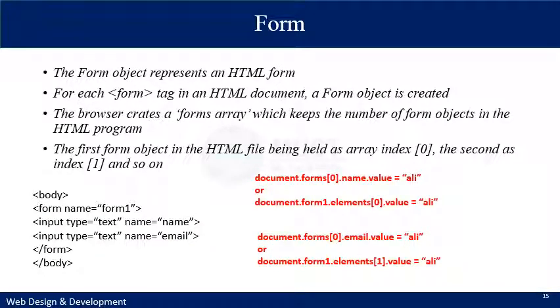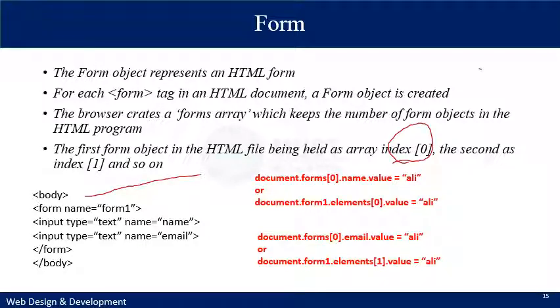The final element is the form element, and the form object is a reference to the HTML form. For each form tag in an HTML document, a form object is created. The browser creates a form array which keeps the form objects in the HTML program. The first form object in the HTML file is indexed at 0 and the second is 1 and so on.